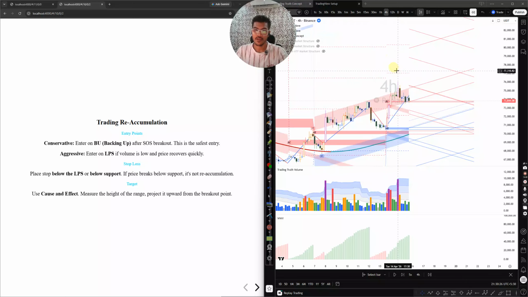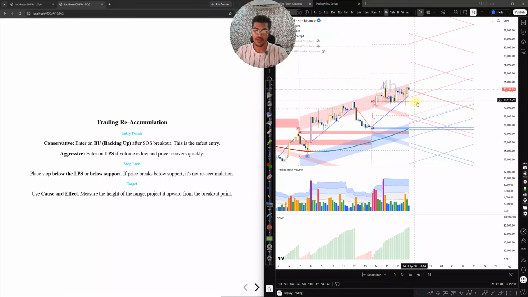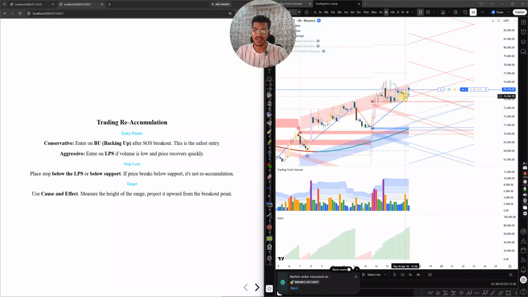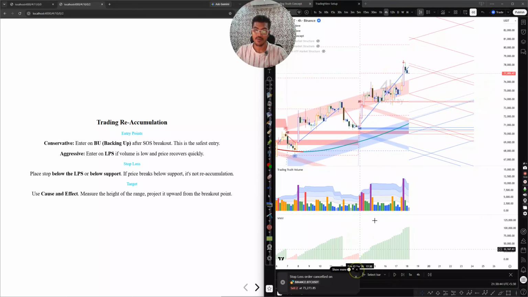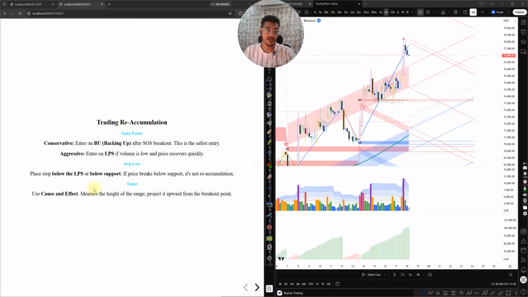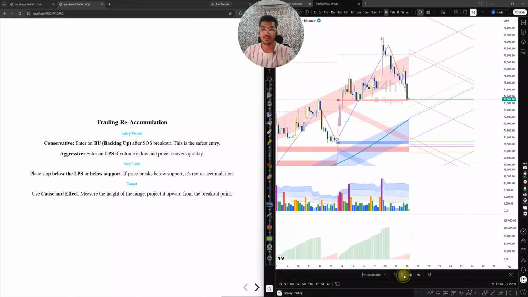You can see here, this is your backing up action, so you would actually take a trade there. On this candle, I would have placed my short there with a stop loss and take profit, and see how it goes. It hit our profit target. The market stopped right there because that was the target level that we are talking about here, and then the market comes down from there.